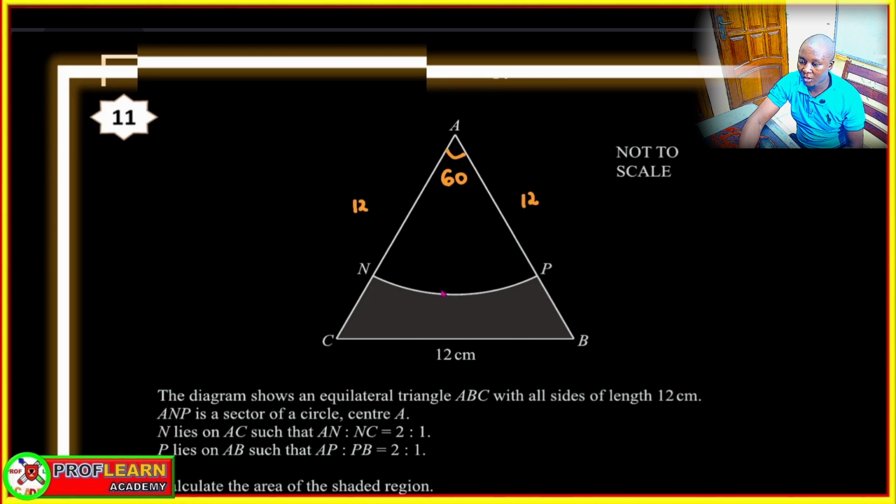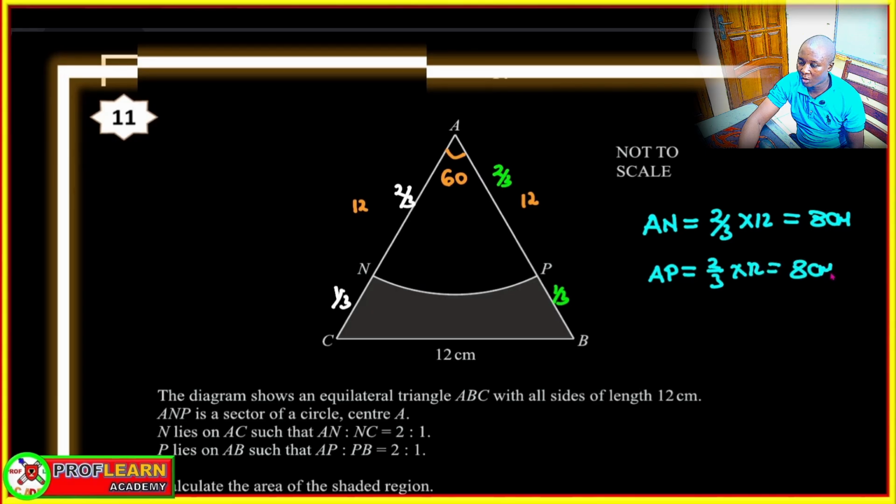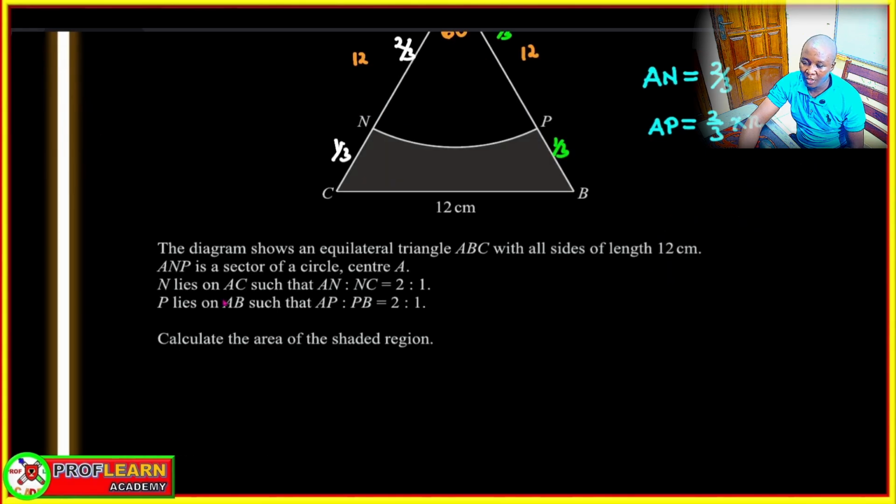Yeah, this is 12. A to B is 12, but we need to find A to N. So what were the ratios here? 2/3, and this is 1/3. Then for us to find AN or AP, it will be 2/3 times 12, and that's going to be 8 centimeters. And AP also is going to be 8 centimeters. Then we can find the area of the sector.